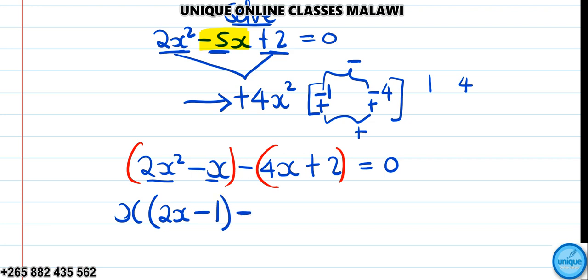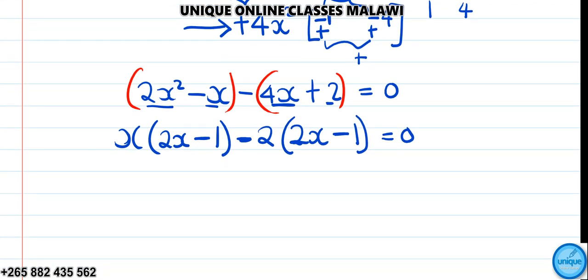And the common factor in the second bracket should be 2, so I'm taking out 2. 2 into 4x, that's 2x, and dividing the overall sign, that's negative. 2 into 2, that's 1.